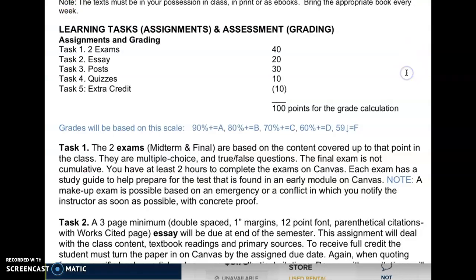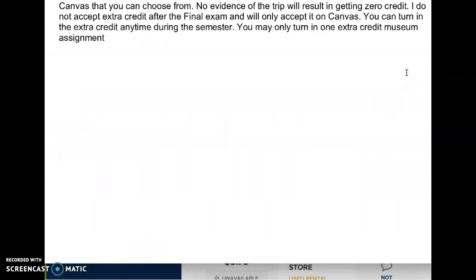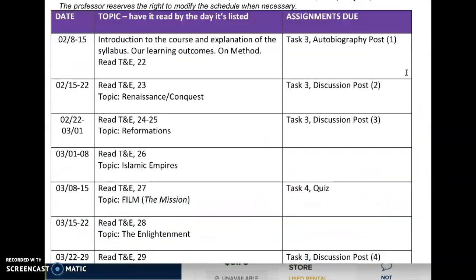At the tail end of the syllabus, there is a schedule. The way this works is, this is our first week. By the end of the week, so by the 14th or so, you want to have chapter 22 read, and by that Sunday night, you want to have the discussion post posted. This includes at least 1 to 2 replies.